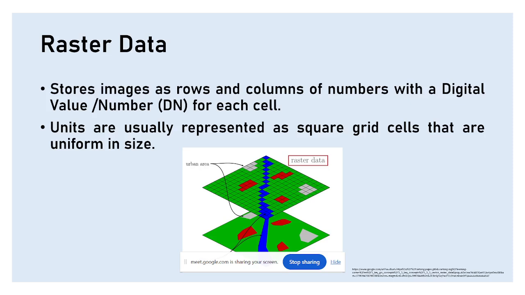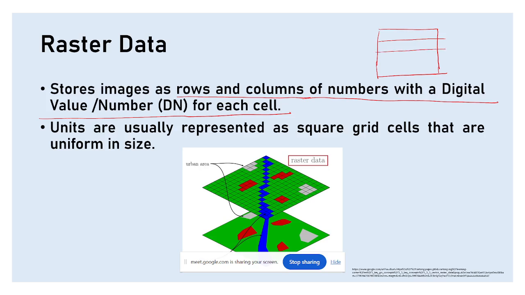Okay. So raster data stores images as rows and columns of numbers, with a digital value or number for each cell. If you look at this diagram, or rather I can just draw it, I'm trying to make it as square as possible, because the basic unit will always be in the shape of a square and not anything else.